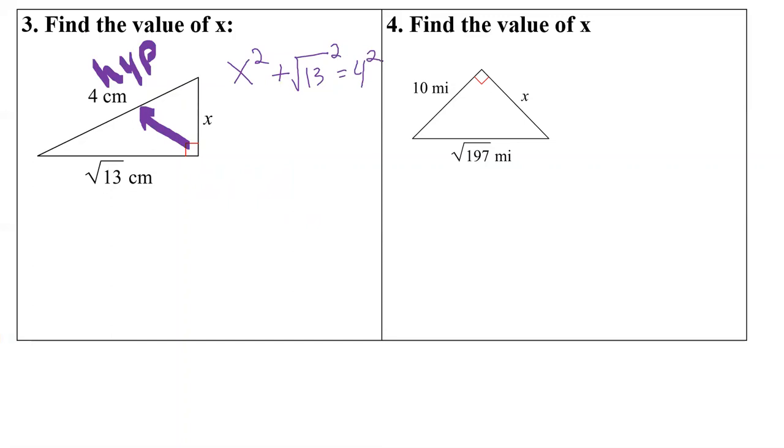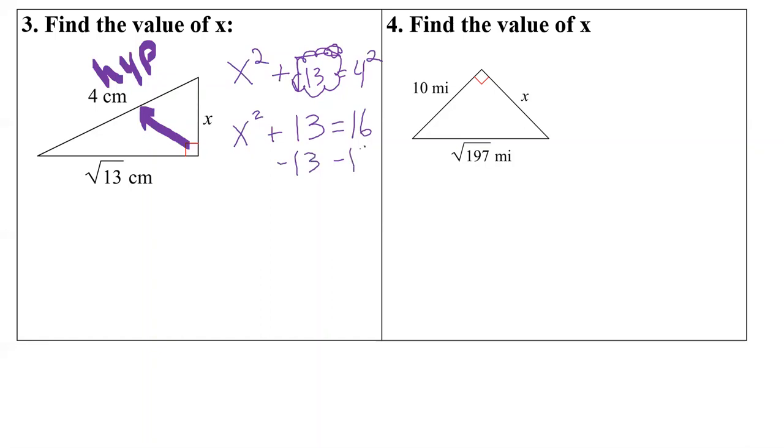Side squared plus side squared equals hypotenuse squared. Leg squared plus leg squared is hypotenuse squared. So x squared stays. The square root of 13 squared, the square root and the square, they cancel each other out. And it just becomes 13 equals 16.